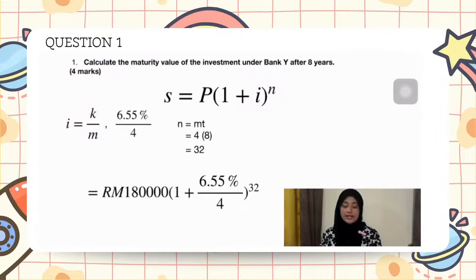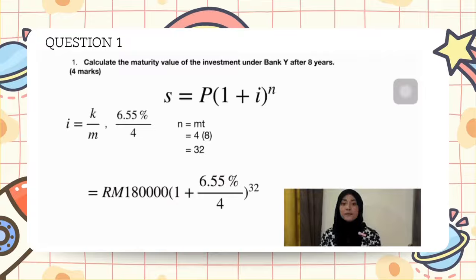Next, we move on to our second question. Calculate the maturity value of the investment under Bank Y after 8 years. For this question, we also have to use the same formula. As for our I, it's different. I equals K per M. As for our K, 6.55% per 4, because it's compounded quarterly. As for our N equals MT, our M is 4 and our T is 8 because it's 8 years, equals 32.